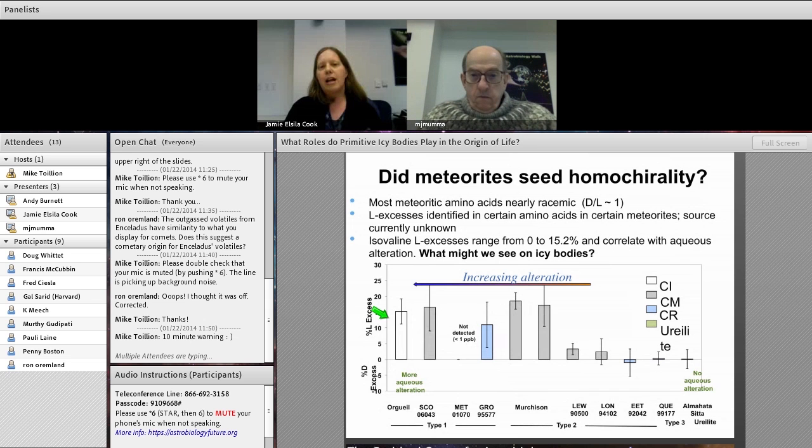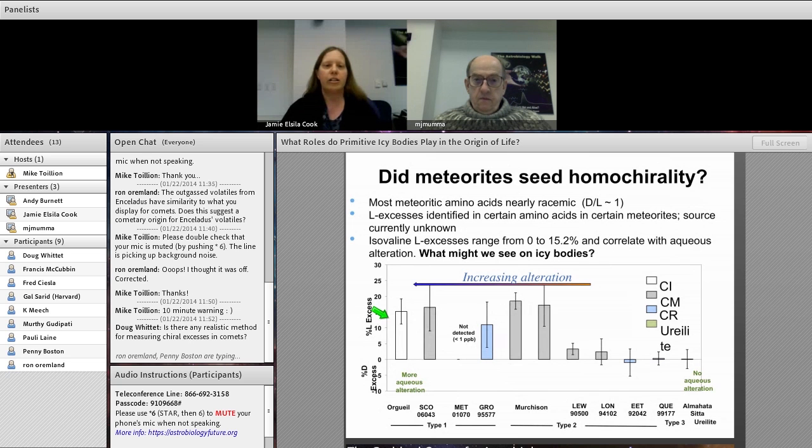And so we wonder whether there are processes on these icy bodies in these areas where prebiotic chemistry was then exposed to aqueous alteration that might have amplified an excess of left-handed amino acids that then might have been delivered to the early Earth or to other planetary surfaces and in some way helped to seed that origin of biological homochirality. So this is a question for future research.